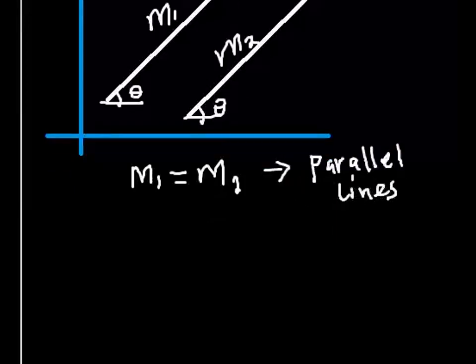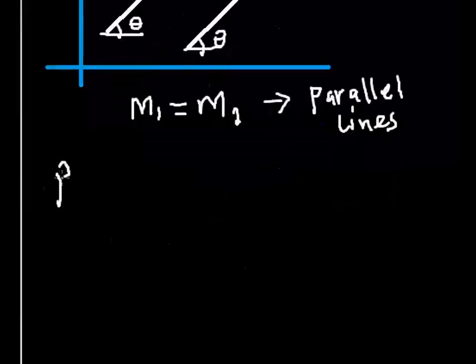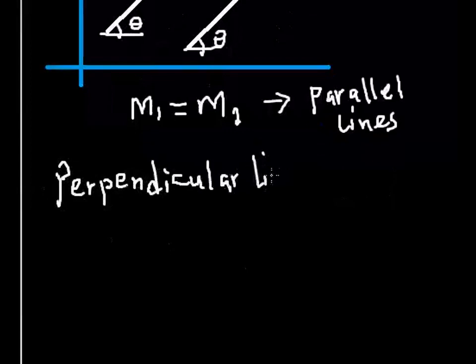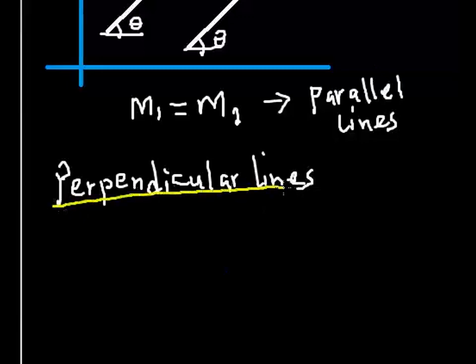But if the lines are perpendicular lines, their slopes are not equal, but are negative reciprocals of each other.